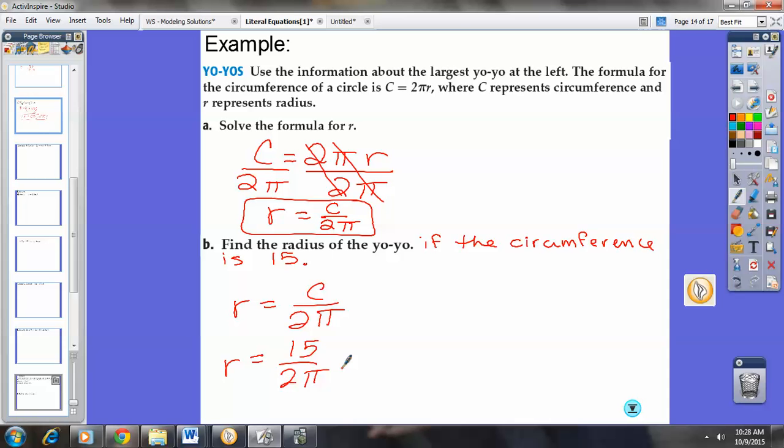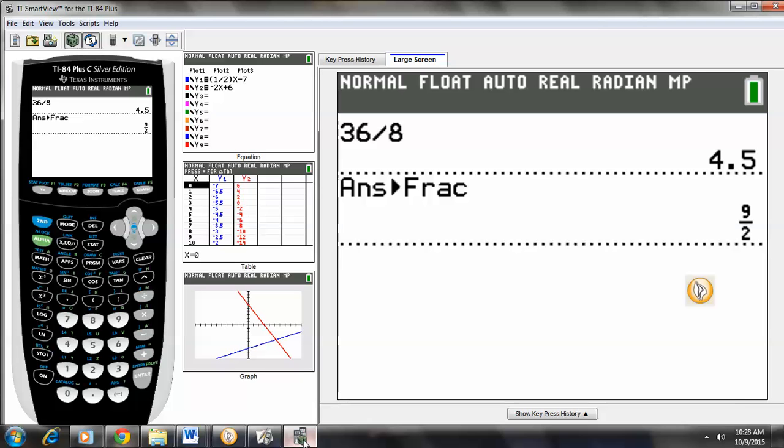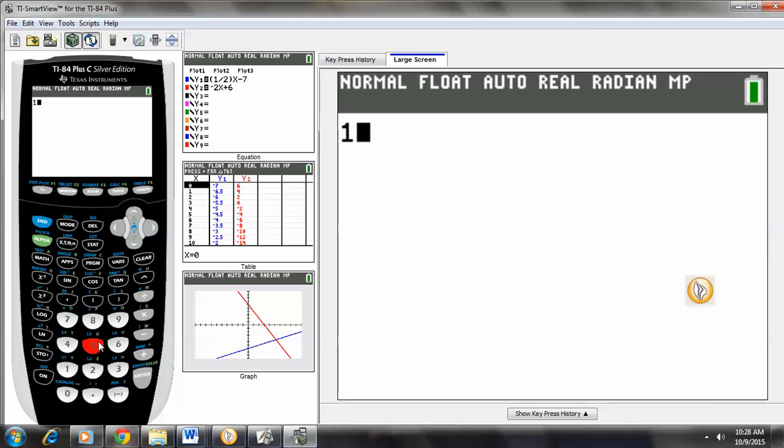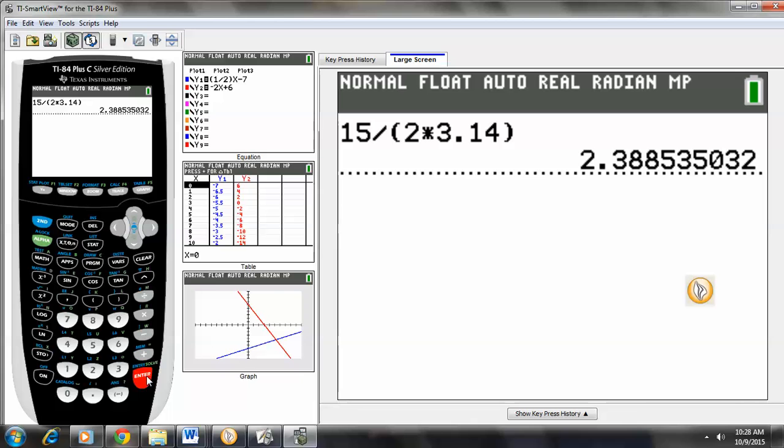So in our calculator, we would take 15 divided by the quantity 2 times pi. I'll just use 3.14 as pi. Approximately 2.39.